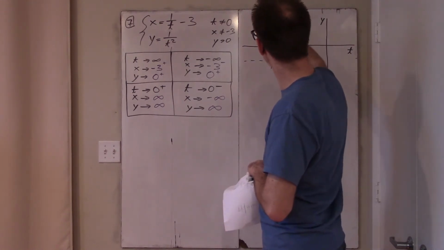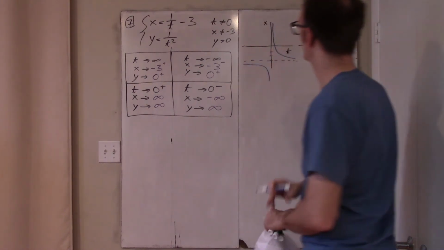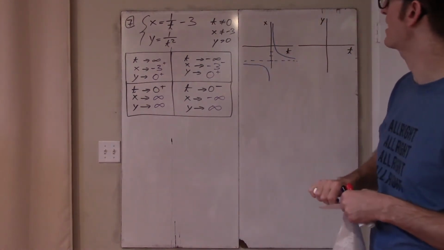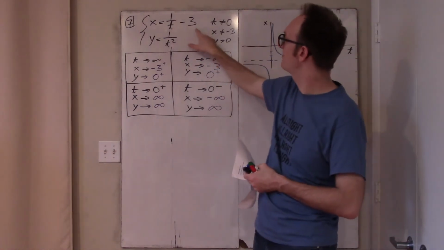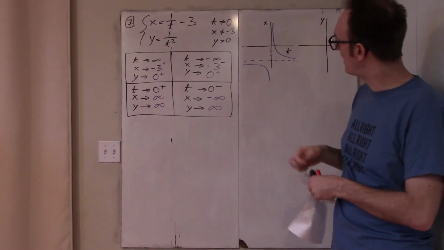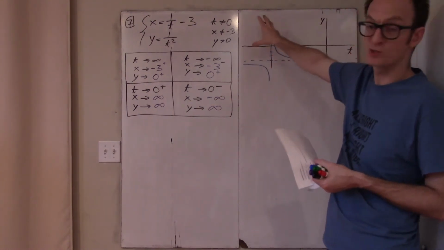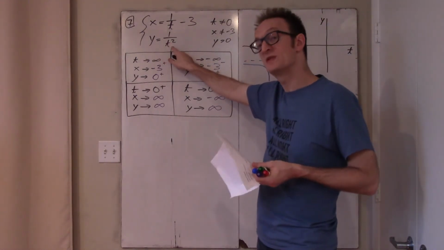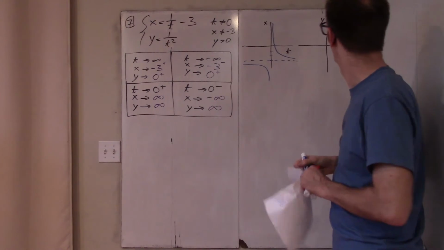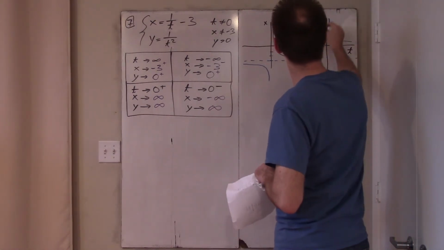So here I am just using my basic pre-calculus knowledge to produce a graph of 1 over t minus 3. And why is this helpful? Because now this is a picture of what the x-coordinate is doing. And how about y equals 1 over t squared? We've seen this before also. This is a volcano, because this is just the reciprocal of a parabola. And so we get this kind of shape.